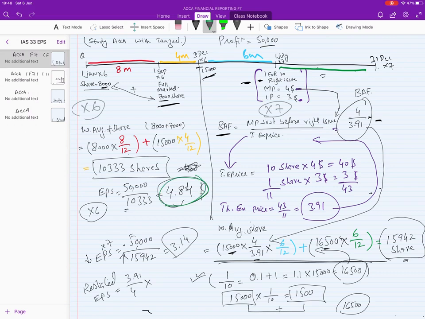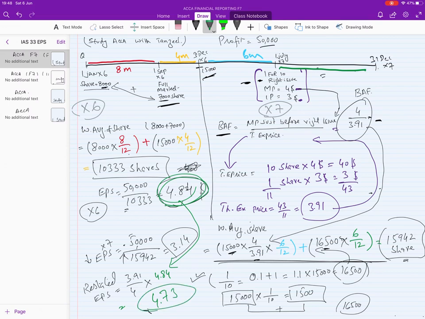This was your last year EPS. So multiply this with 4.84. So 3.91 divided by 4, multiplied by last year's EPS of 4.84, will give you 4.73 as your restated EPS.